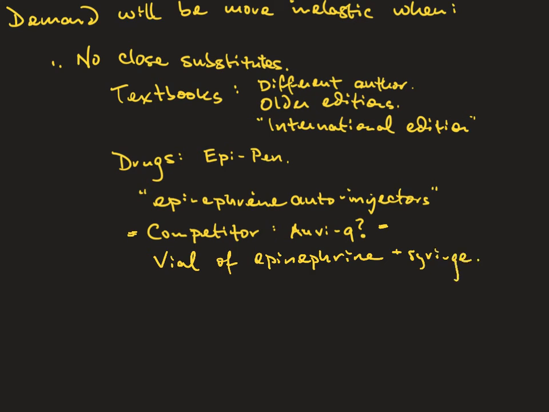That is a substitute. It's not the auto injector that you just press to your skin and the needle pops out and injects it into you. But you could carry around a little vial of epinephrine, stick your syringe into it, draw it, and then inject yourself. I mean, it is a substitute. Is it a close substitute? Maybe not.